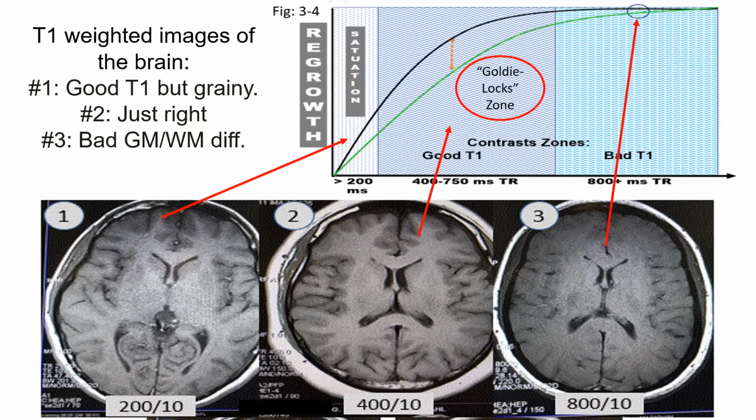Then in the middle, number two, that's the Goldilocks zone. You notice we got good gray and white matter differentiation and good signal to noise. But if your TR goes too high, for example 800, we're over where those lines are much closer together and we've lost T1 contrast.